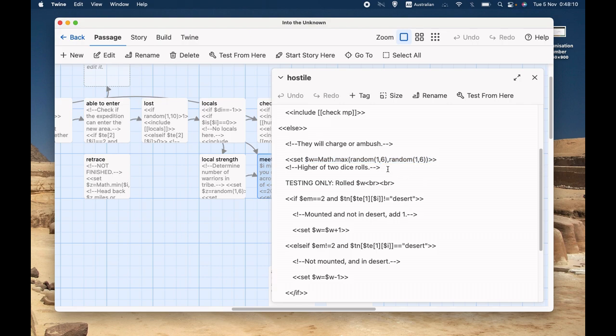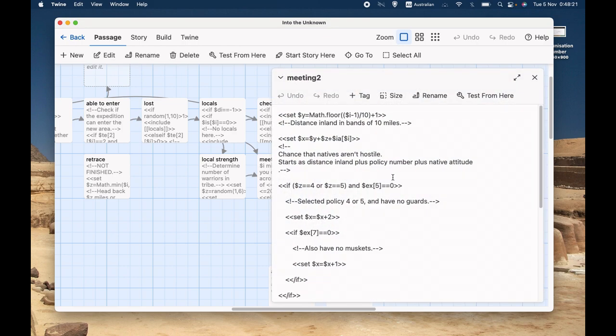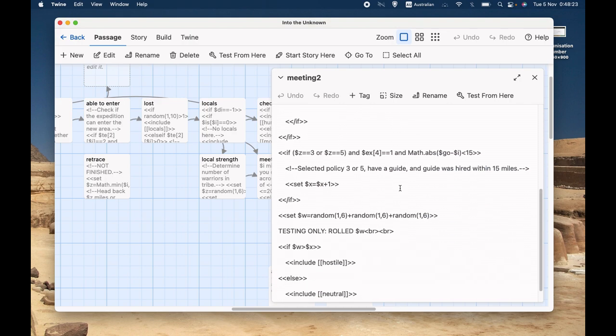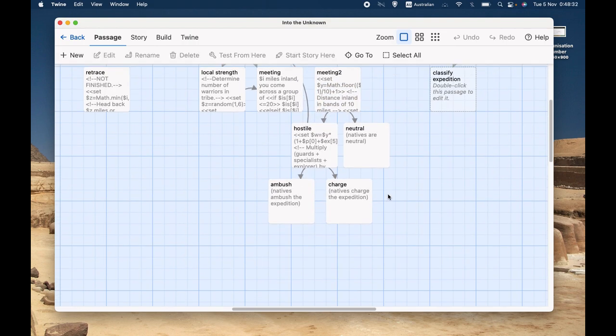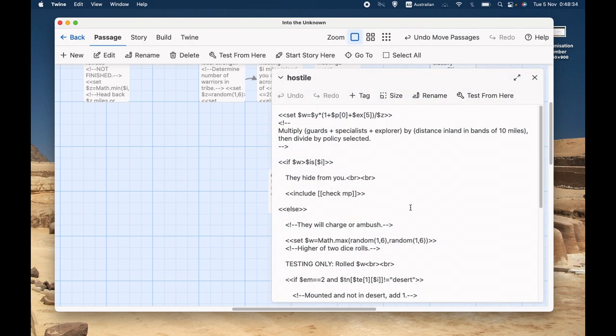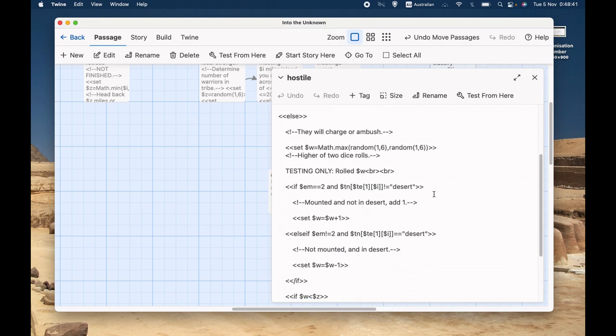Now, that wouldn't have been the 10 that we got. That 10 that we got, when it said testing only rolled 10, that wouldn't have been that. You can't get 10 on a 6-sided dice. That 10 would have been in this page. It would have been here when we were rolling to see whether they were hostile or neutral. So we got a 6, which is quite lucky, because as you'll see, higher numbers are better for us.